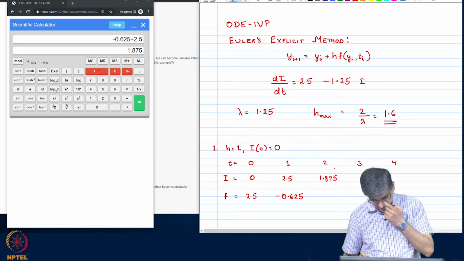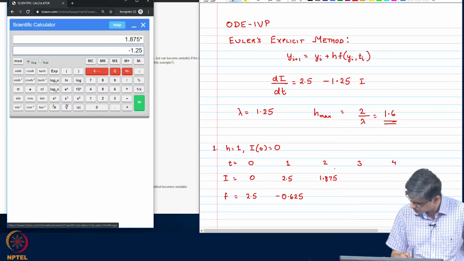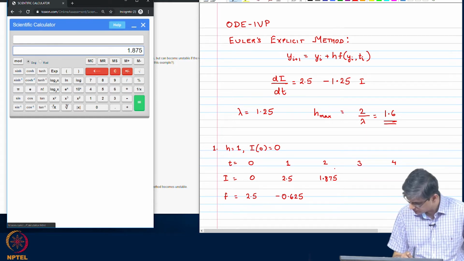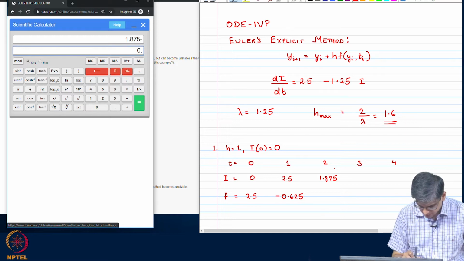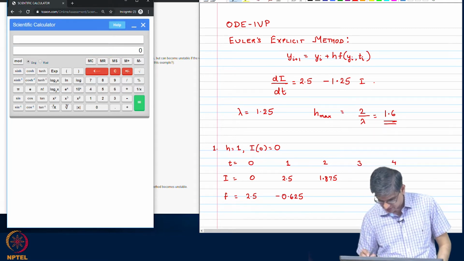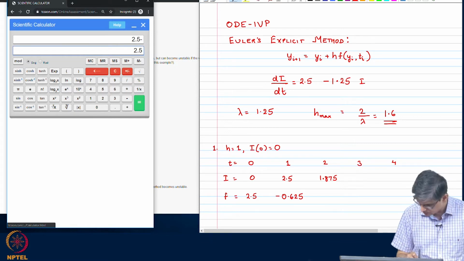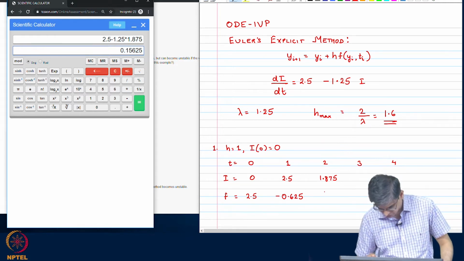Okay, with 1.875, we want to calculate f, which is 2.5 minus 1.25 into 1.875, which is equal to 0.15625.